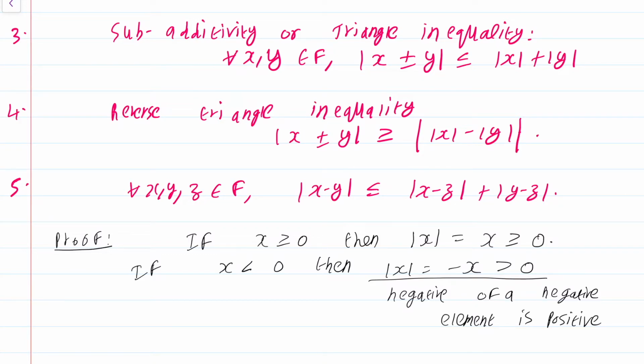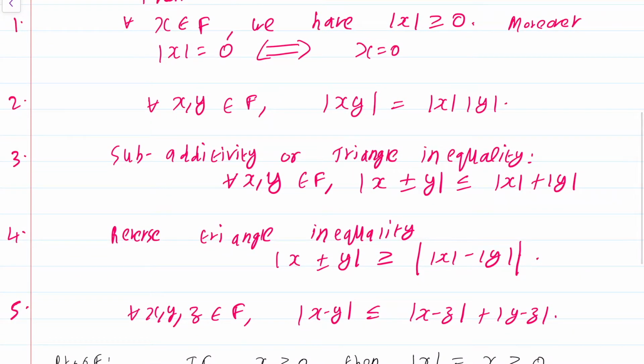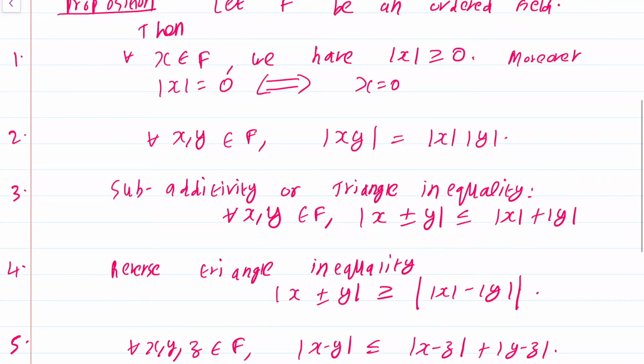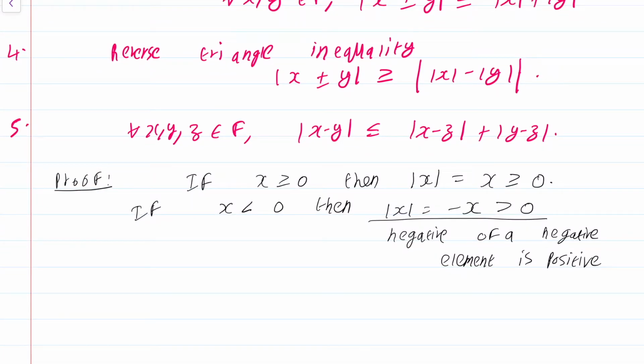We want to prove something, more precisely we want to prove that mod x is greater than or equal to 0, irrespective of what x is. What we do is we split into two cases. The first case is when x is greater than or equal to 0. The second case is when x is less than 0. Then we proceed and give an independent proof for both cases. This will prove that whatever we are trying to assert is indeed true for all elements x coming from the field F.